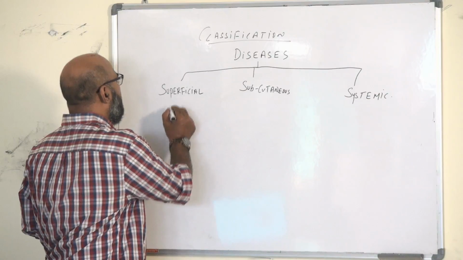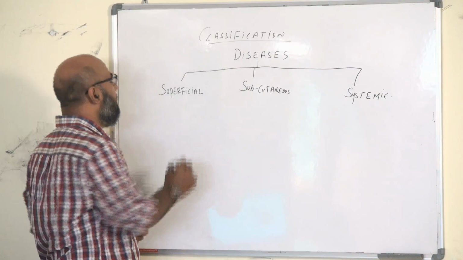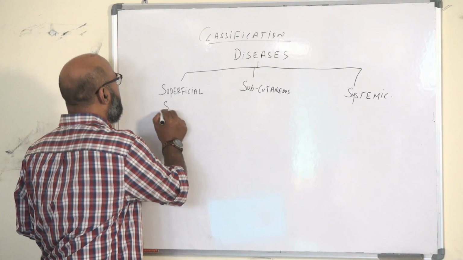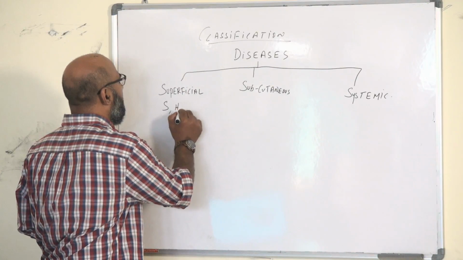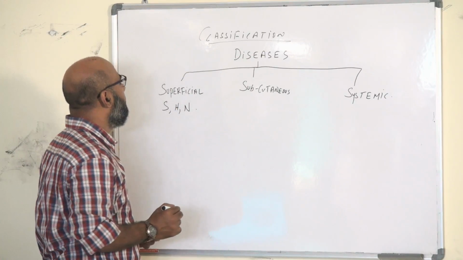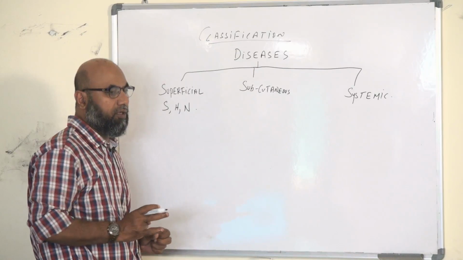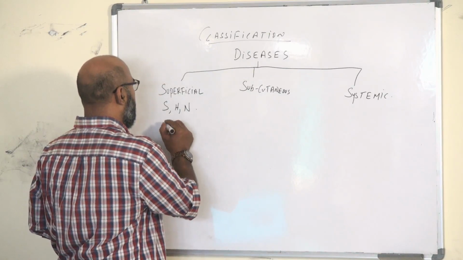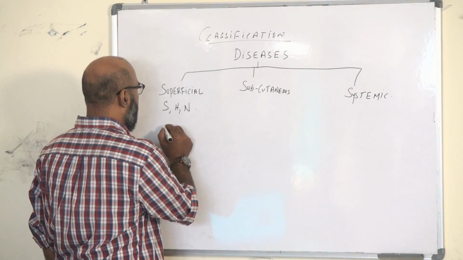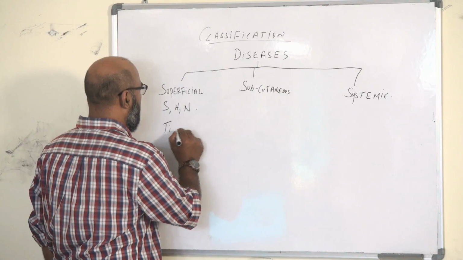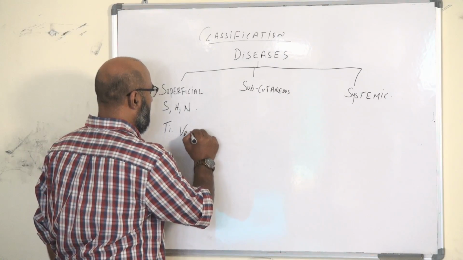Superficial mycosis, as the name suggests, mainly belongs to the superficial layer of the skin, which is the skin, hair, and nail. Okay, this is mainly involving the skin, hair, and nail, superficial layer of the skin. And here the examples of these are Tinea versicolor.